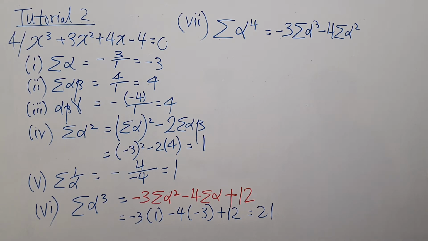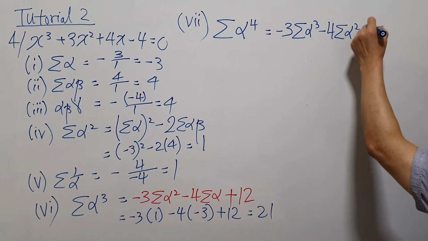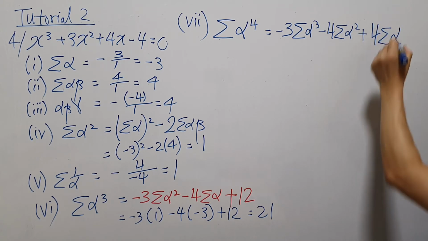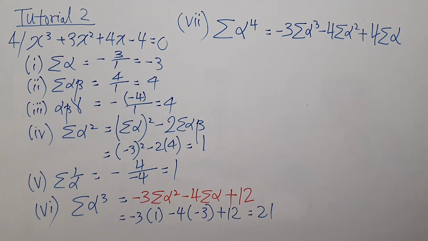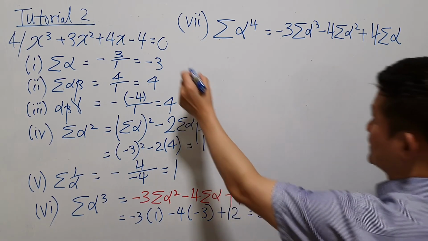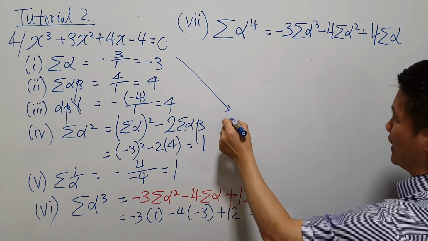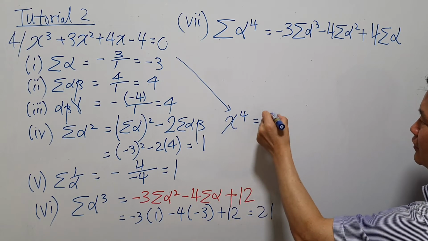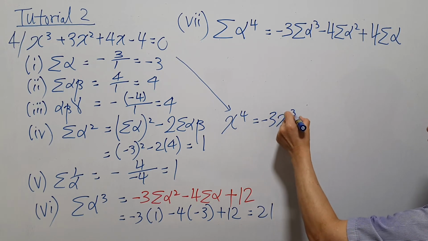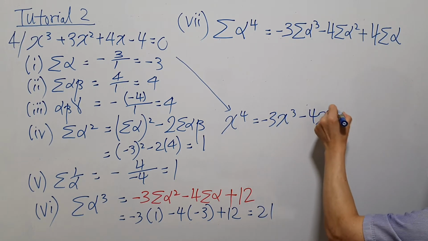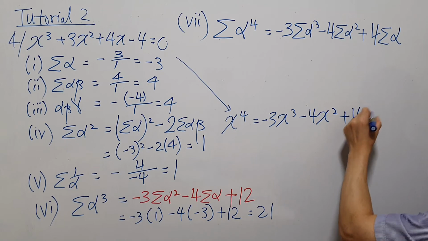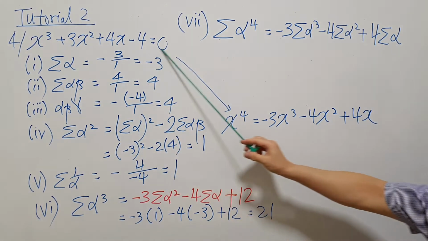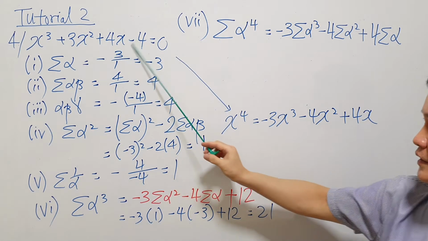This will be equals to plus 4 summation of alpha. How come this is the case is because, let me give more detail again from here, you times through by x. Okay, let me do it slowly. I times through by x here, and I bring this to the right hand side.